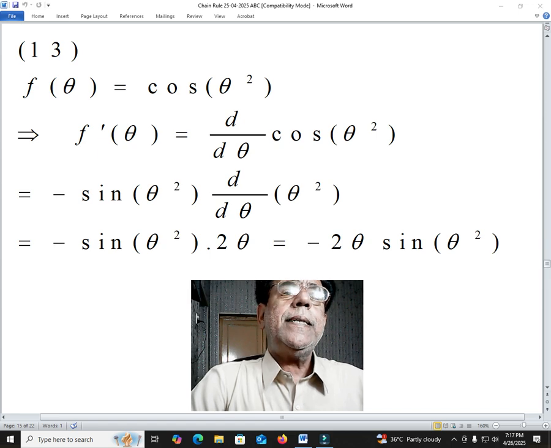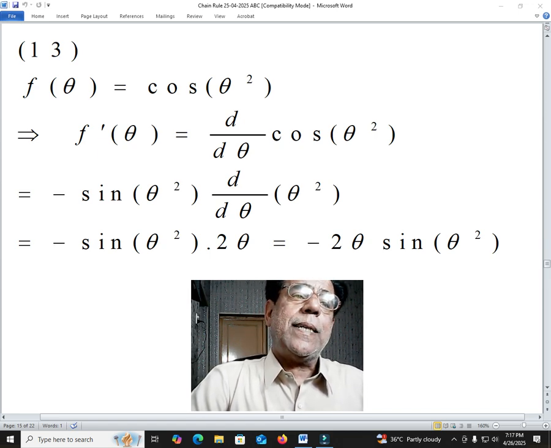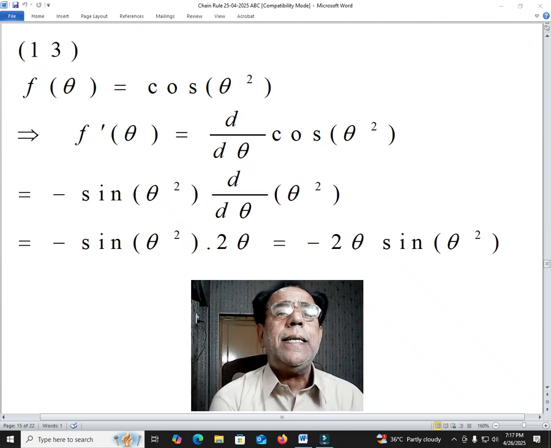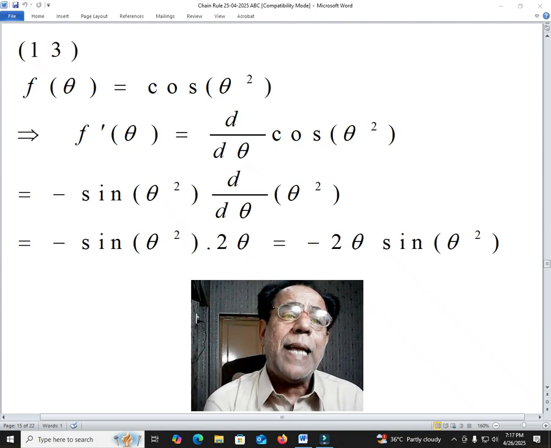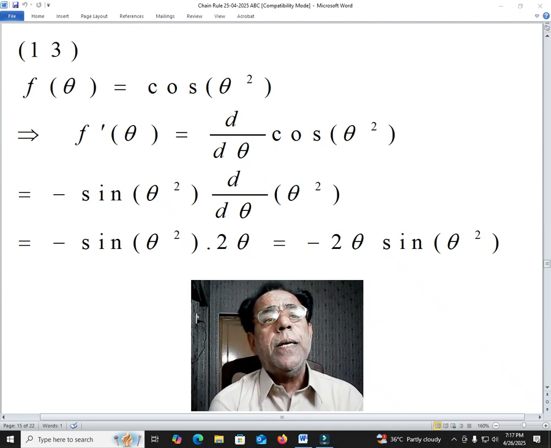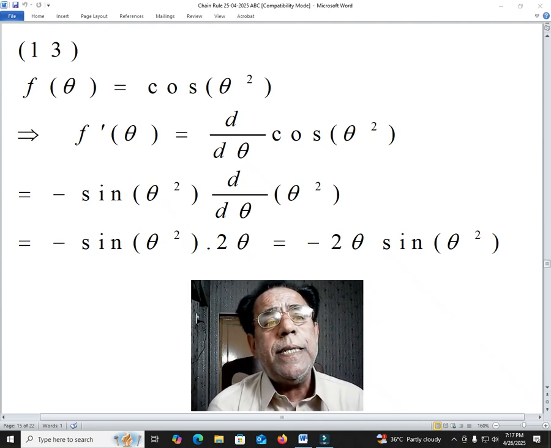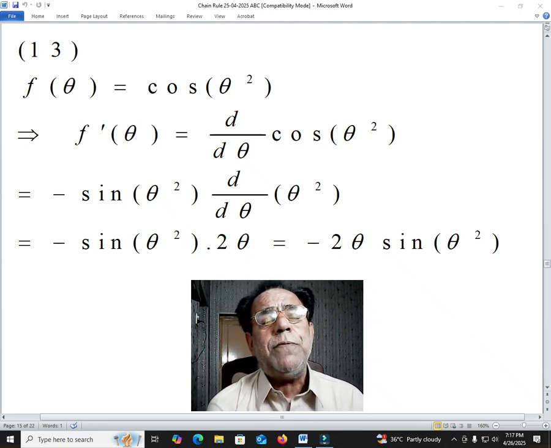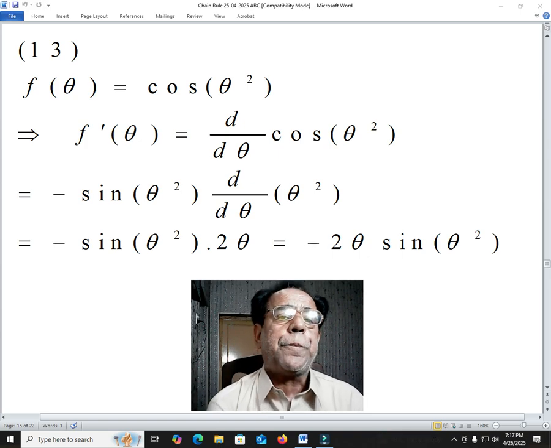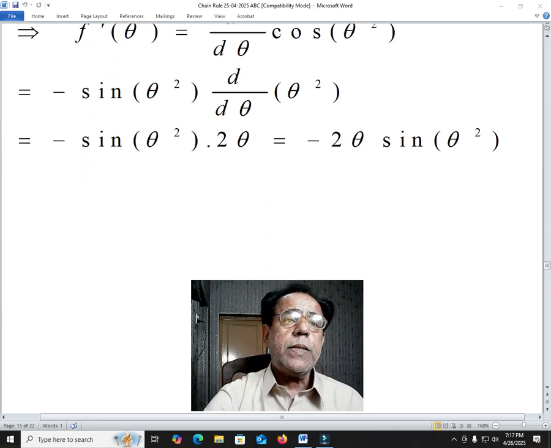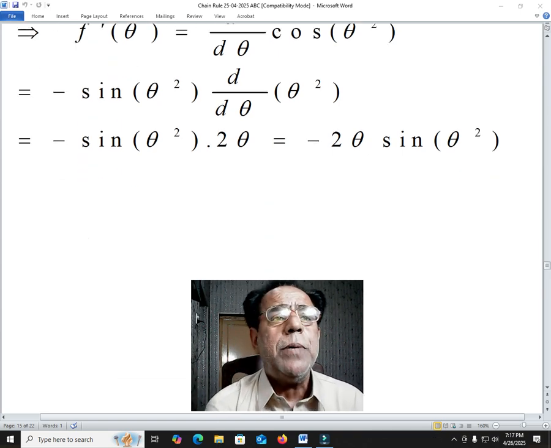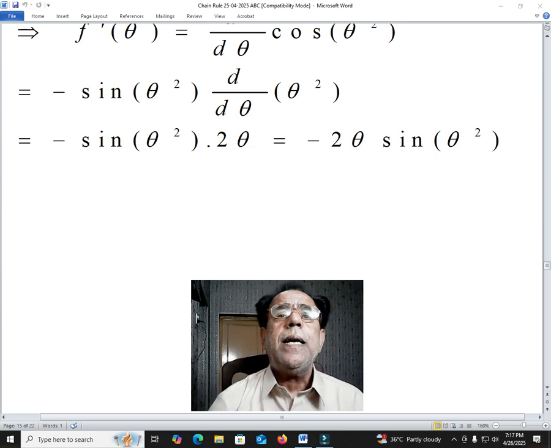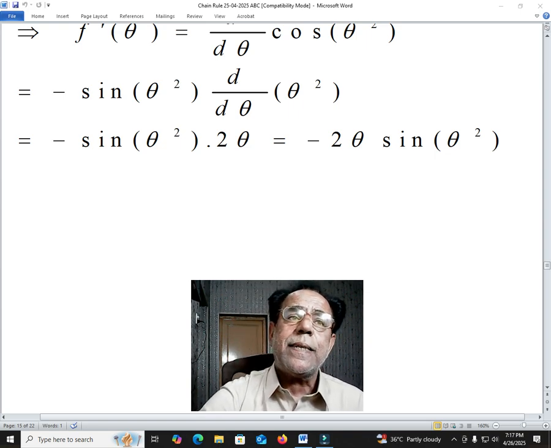We know that differentiation of cos theta is minus sin theta. Okay, so we will get minus sin into theta square and then d over d theta of theta square. Differentiation of theta square with respect to theta will become 2 theta. Okay, and hence our answer will become minus 2 theta sin theta square.